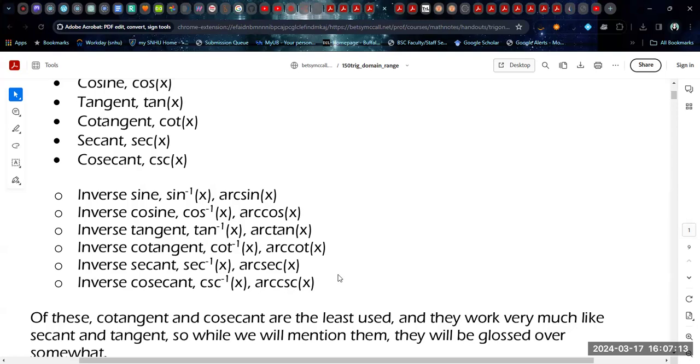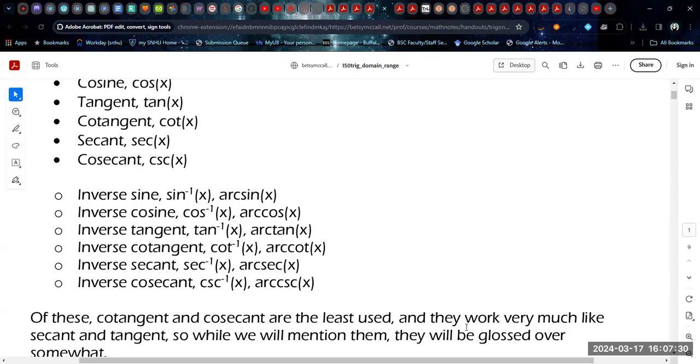Now, the cosecant and the cotangent functions are used the least, but they basically work identically to the secant and tangent functions. Same thing for their inverses. So we are going to gloss over them somewhat because they basically follow the same rules.